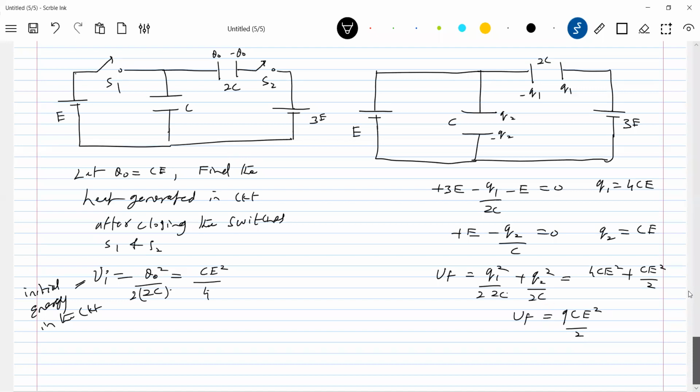Now, how to calculate the work done by the cell? So take help of this. Look at this plate, I'll give the plate name P1. What was the earlier charge? Minus Q naught. For that, we'll assume that some charge QA has flown here like this.